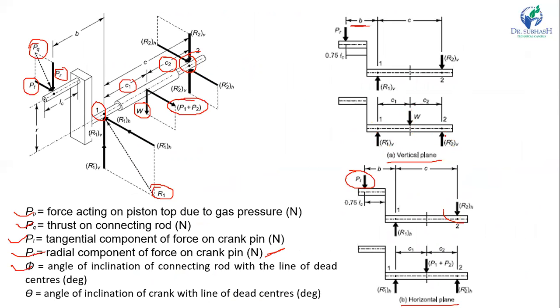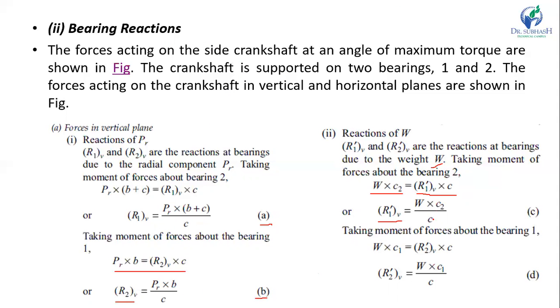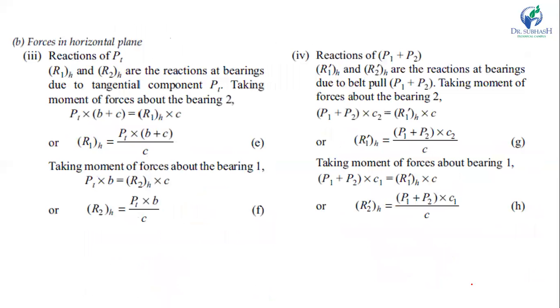Therefore, R2 dash V is equal to W into C1 by C. So from equation C you can find the value of R1 dash V, and from equation D the value of R2 dash V. These are the different bearing reactions you can find from equations A to D.